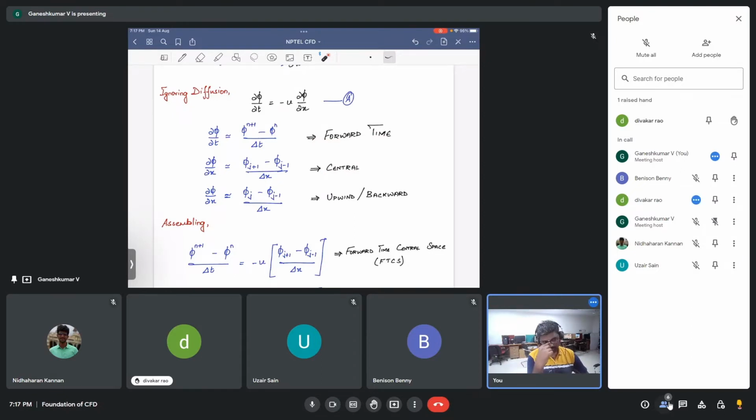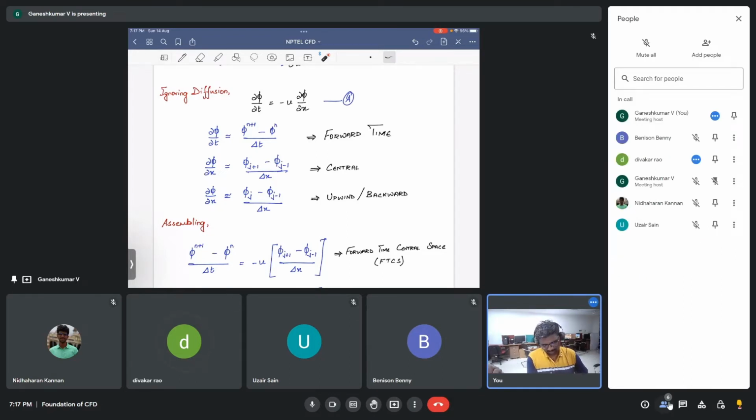True, but it's not so. You can still implement central in time also. The only thing is, it has a starting problem, because at time t equal to 0, we don't know the value at time t equal to minus 0.1, right? So at the first time step, you use forward time, and from the second time step, we know the first time step values, and we are going to predict the third time step value.